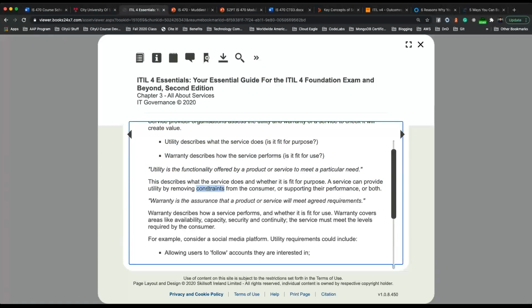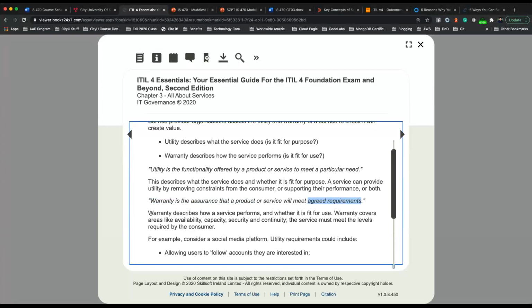When we say removing constraints, it's removing obstacles, things that make the consumer not able to accomplish some of the things that the consumer needs to do. Warranty is the assurance that the product or service will meet agreed requirements.